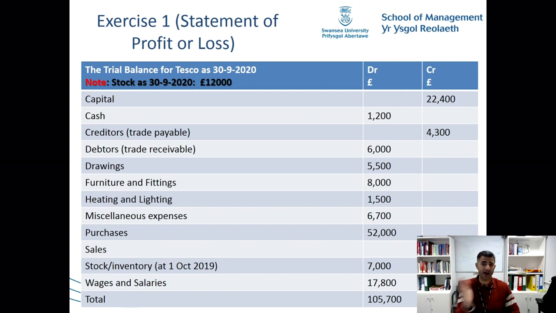In this case, go back 1 year, so that's 1st of October 2019. So this financial year for Tesco starts from 1st of October 2019 and ends on 30th of September 2020. This is one financial year.